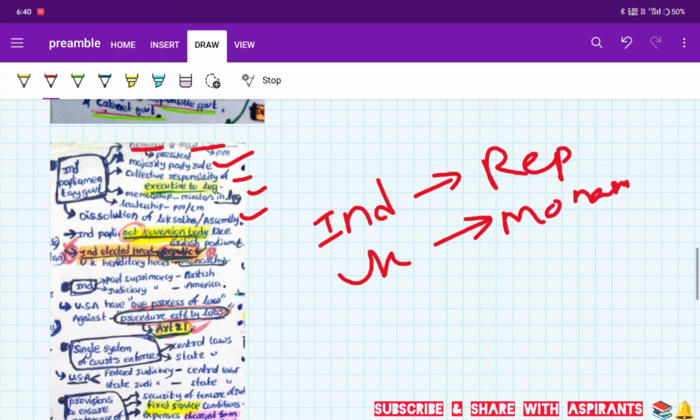In India, there is parliamentary supremacy like Britain and judicial supremacy like America.